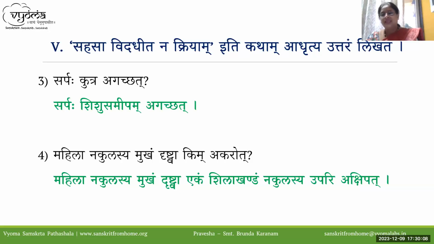Ekam shilakandam is in Dvitiya Vibhakti, if you remember. Because who is the karta in this sentence? Mahila is the karta. So only Mahila will be in Prathama Vibhakti. Nakulasya is Shashti Ekavachana. It is not the object.